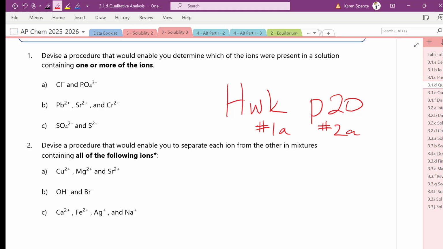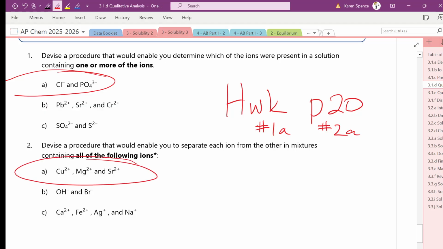Am I correct? Yes? Okay, so this is not a lot. It's basically do a qualitative analysis for a couple of anions, do a qualitative analysis for a few cations. Yes? Okay. And other than that, your homework is just to study for your test.